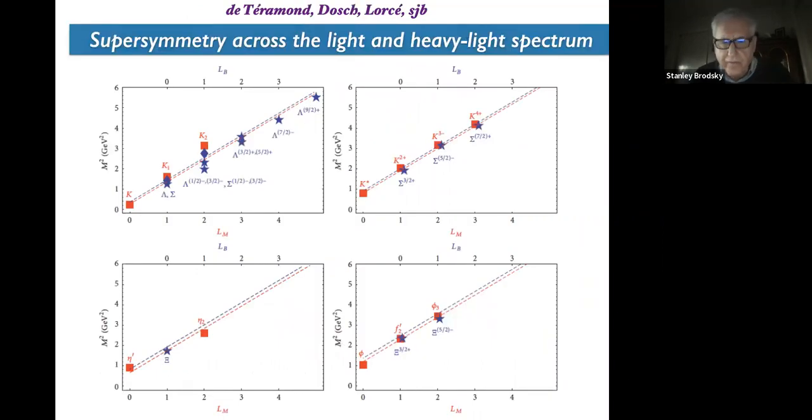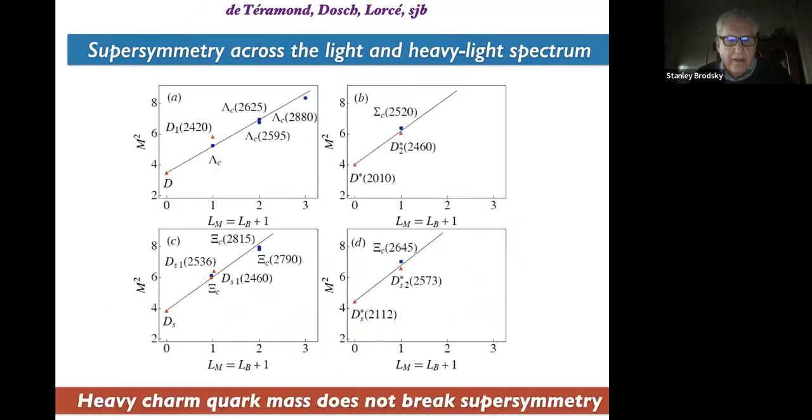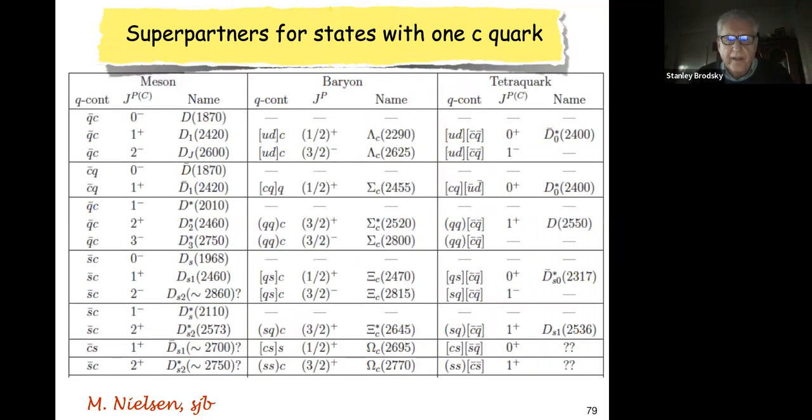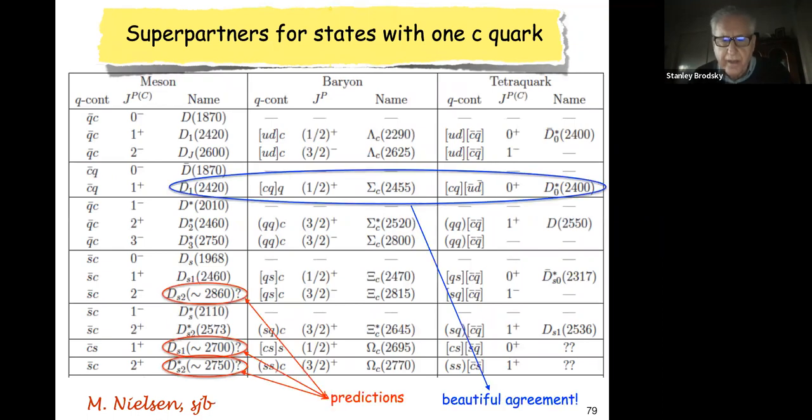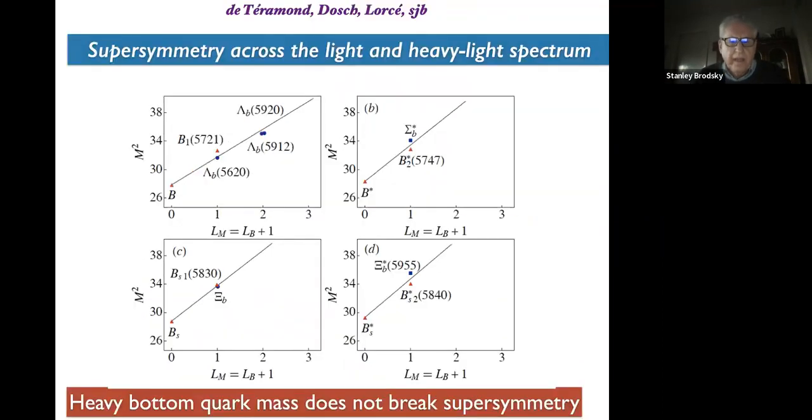And you can do this for heavier particles. This is for the kaons, and then you can do it for the charm mesons and baryons with 1 charm quark, and so on. And you find the superpartner. You can find the tetraquark partner, and so on, in every case. In the case of the bottom, you can do the same thing.